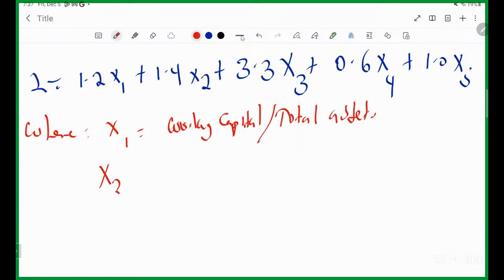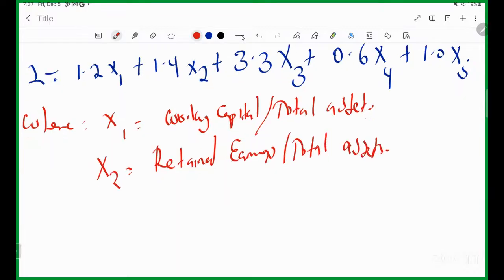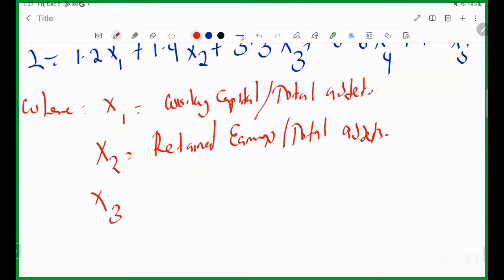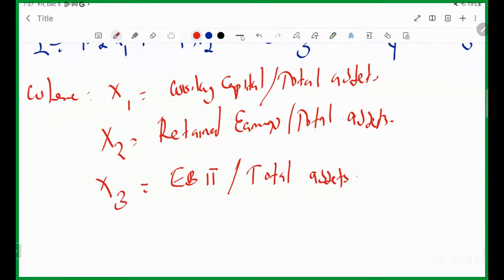My X2 is going to be equal to retained earnings over total assets. And my X3 is going to be equal to earnings before interest and tax over total assets.